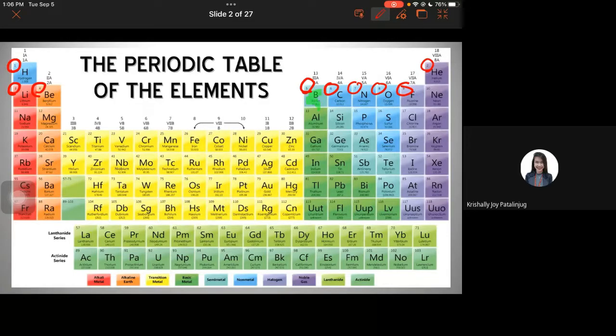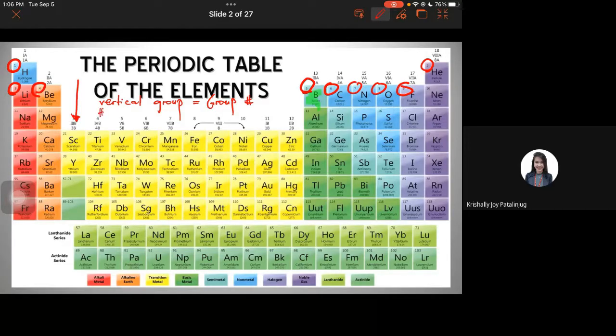Aside from that, the elements are also grouped by period and by their vertical grouping, which is by group. The vertical grouping, from top to bottom, is the group number. That is one way we group the elements in the periodic table.